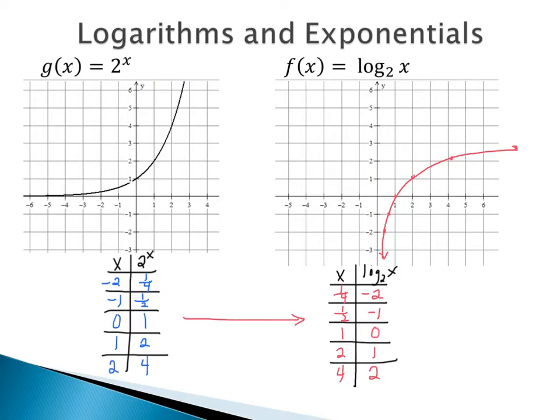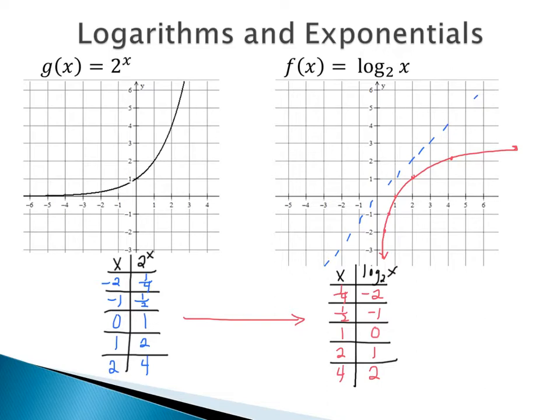Again, with our inverses, remember the graphs are reflected over the line y equals x. So although they're on two different axes, if I draw that line y equals x, we can see, hopefully, that when reflected over, in either case, the 2 to the x or the log base 2 of x, the shape is very similar.